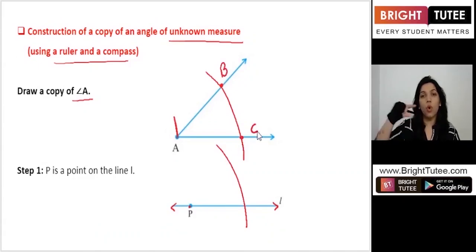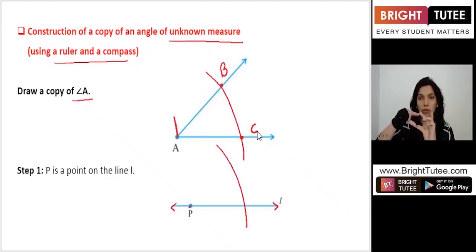So you need to open now. You have firstly drawn arcs on this particular angle A and you have drawn a similar arc with the same opening of your compass on the line L, keeping P as the center, right? Now with the compass, change its opening. So how much do you need to change?